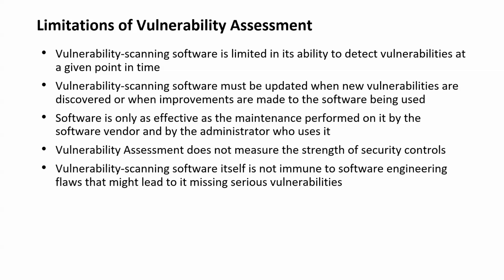So pen testing measures the strength of the security controls, but vulnerability assessment does not. It just identifies the vulnerabilities which are present in the systems, and then gives you the countermeasures that you can deploy to close those vulnerabilities and make your system more secure.